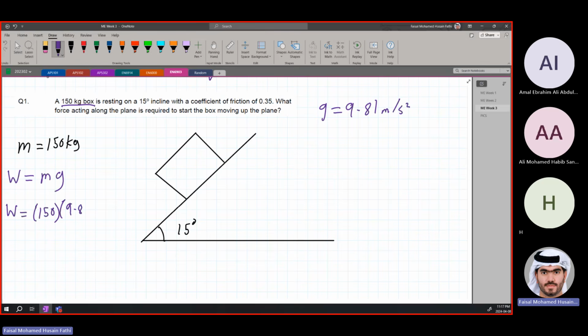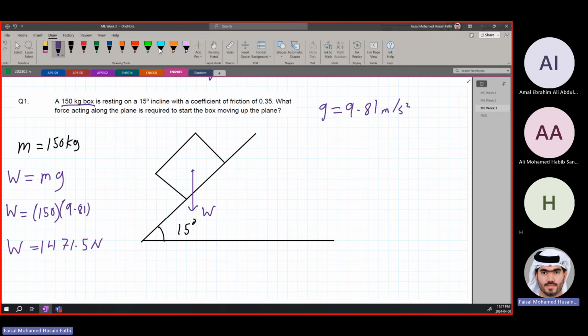So the weight, we can already find out, if I just grab my calculator, 150 times 9.81 equals 1471.5 newtons. This is the first force that we can determine. So we know that the gravity is acting at the center of the object, and it's always acting straight downwards. So this is our W force that we have already found.